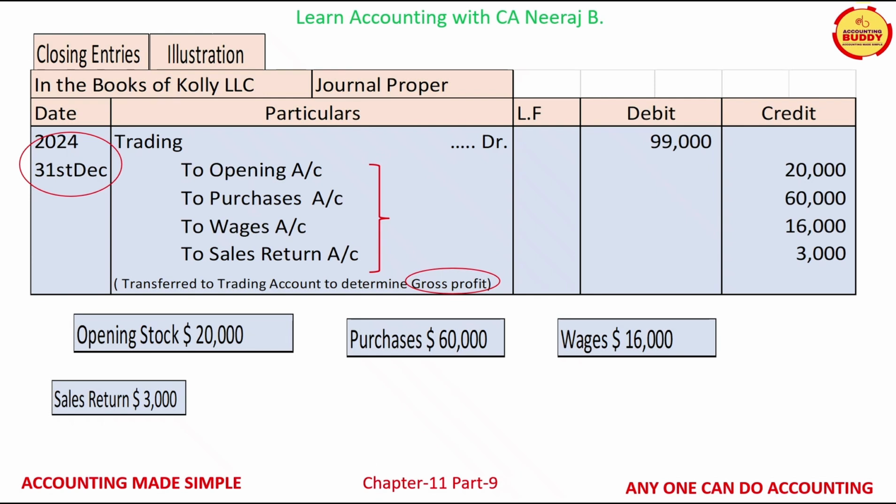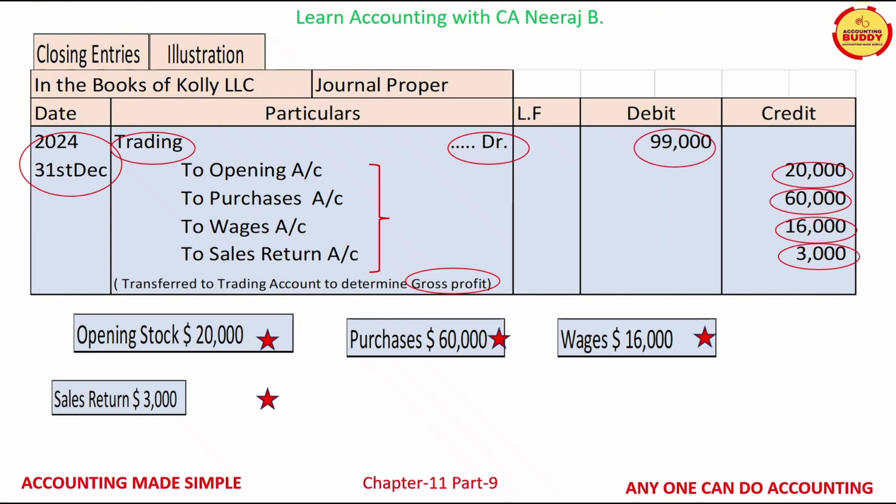Opening stock account will be credited by $20,000, purchase account by $60,000, wages account by $16,000 and the sales return account by $3,000. And the second part of the entry will be debited to the trading account for $99,000.